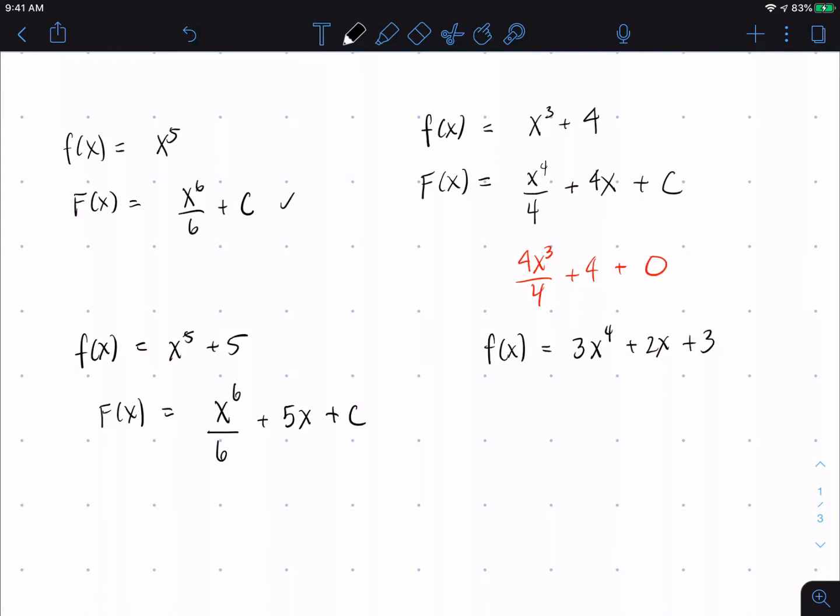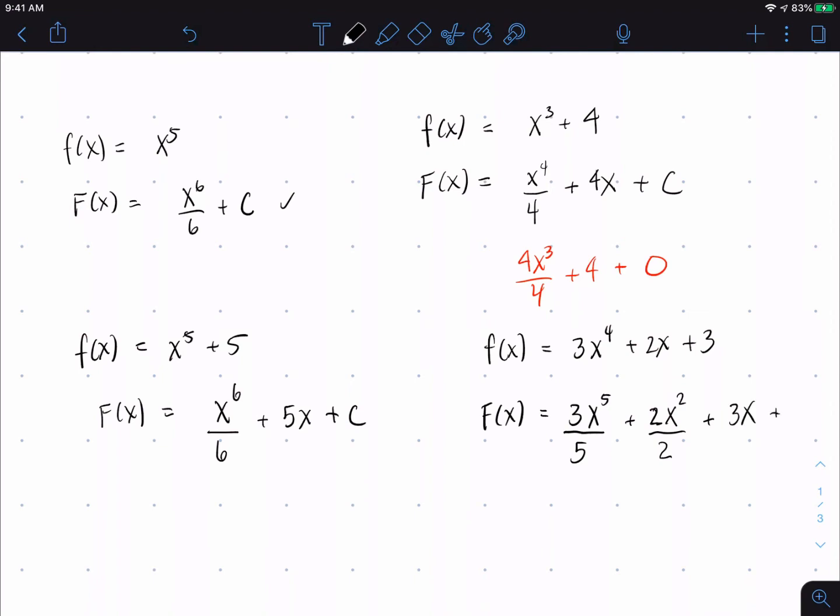Okay, so let me go ahead and show you this so you can see. The antiderivative to this one is simply going to be the 3 stays there. This becomes x to the fifth over 5, plus 2 stays there, x to the second over 2, plus 3, but now that gets an x.